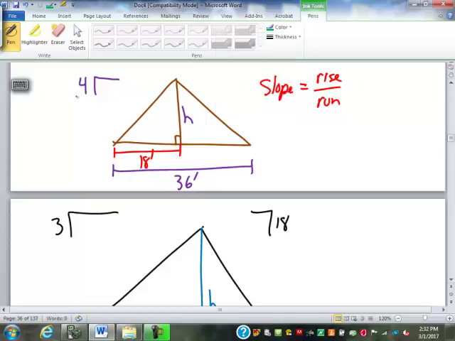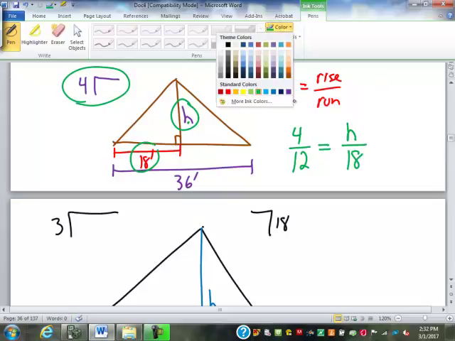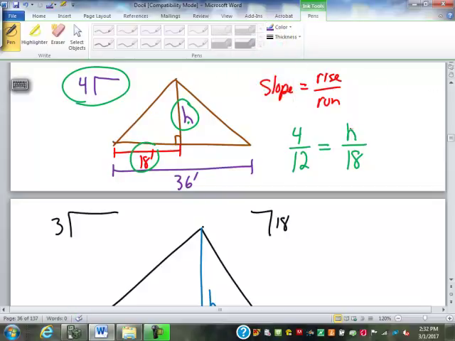So the slope here, this symbol means that is a 4 and 12 slope. It's a 4/12 slope. It is going to be equal to my rise, which in this case is the height H, over my run, which is 18. And just like when we did percent, you can cross multiply and divide.